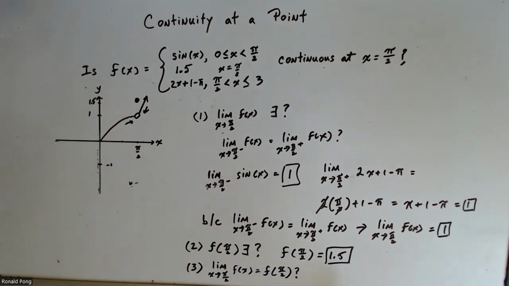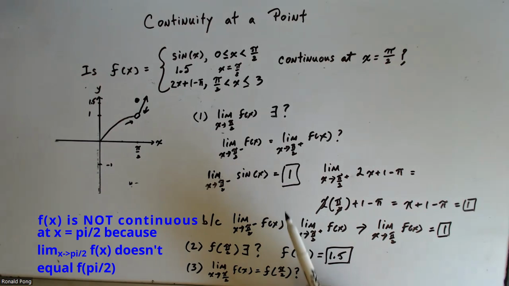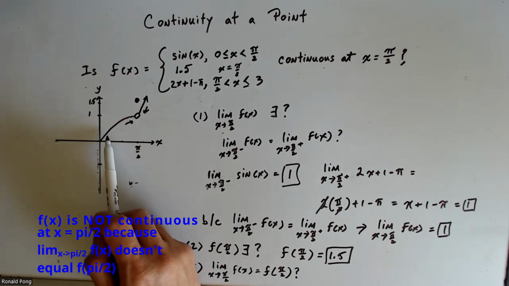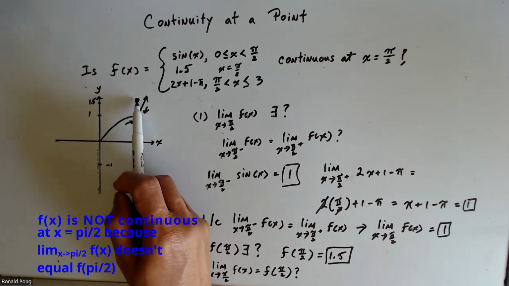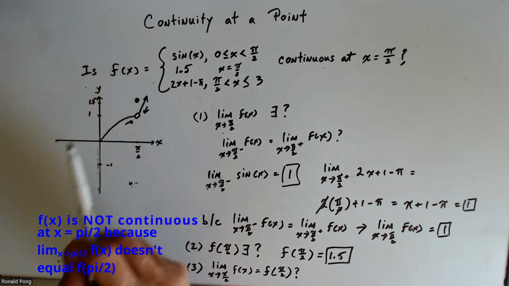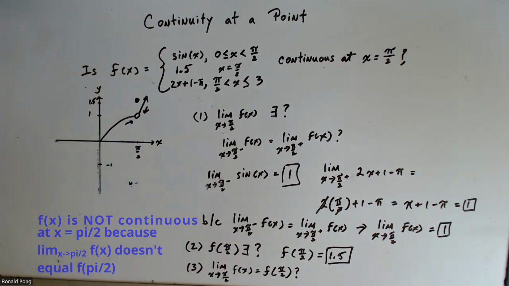As it stands right now, clearly 1.5 does not equal 1. So the answer to question 3 right now is no. And we could still see that the function is discontinuous at x equals pi over 2. It creates this strange jump to a point and then jump back down.